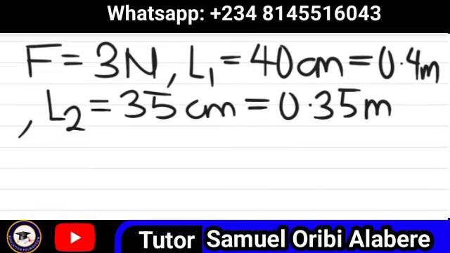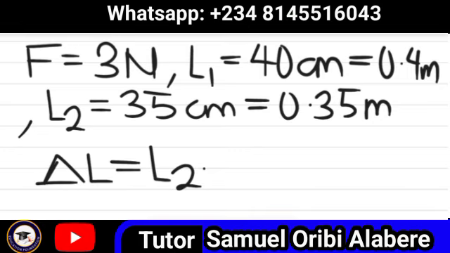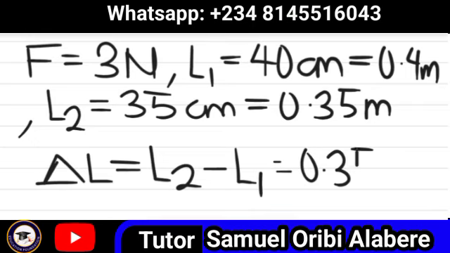Here the change in length, which will be represented by delta L, will then be equals to L2 minus L1, which is then equals to, on L2 we have 0.35, while on L1 we have 0.4.